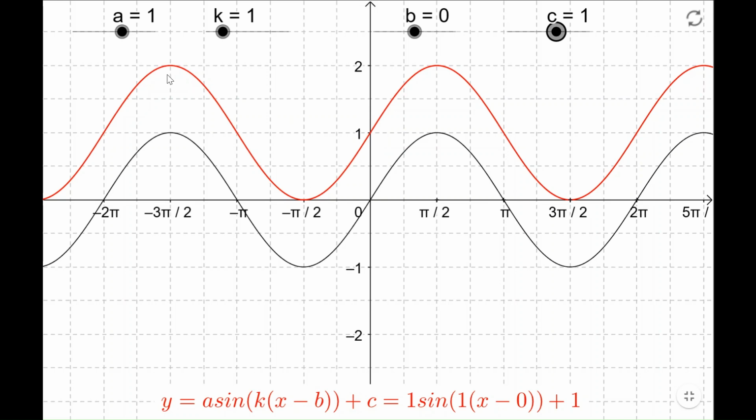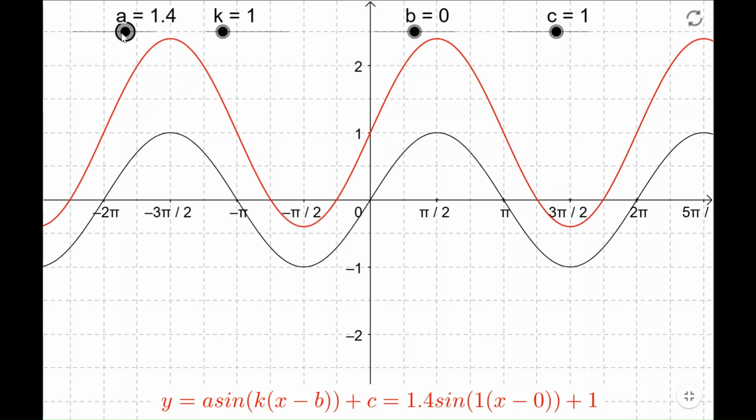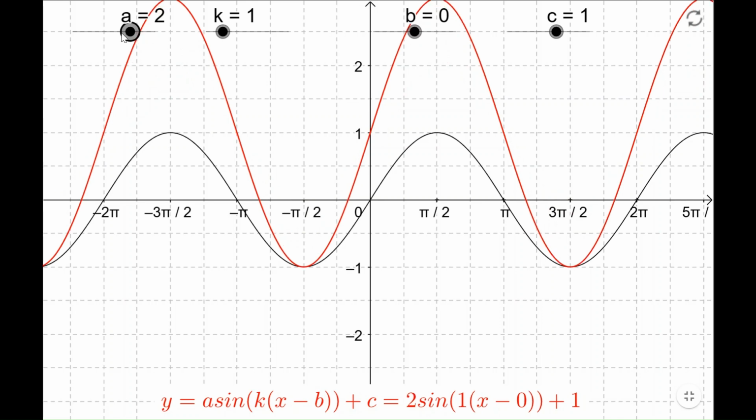So what happens if we change the amplitude? Let's make the amplitude 2. We've taken the graph centered at the x-axis, and we've done a +1 for the vertical shift. So now the midline is at 1, and the amplitude is 2. From y equals 1, because the amplitude is 2, we go up 2 units to 3.